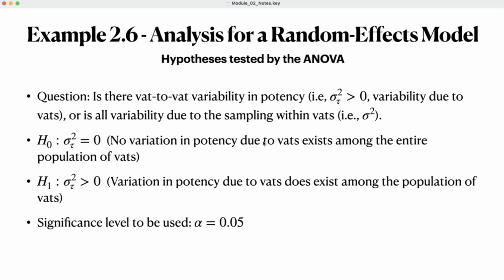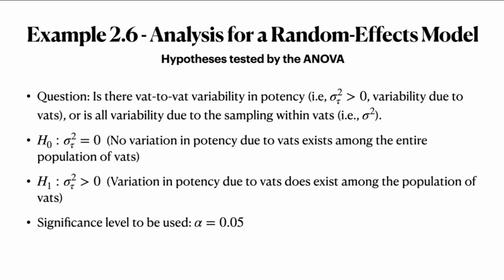So a null hypothesis then, in words, is that there is no variation in potency due to vats. No variation in potency due to vats exists among the entire population of vats. Expressed in terms of the model parameter, the null hypothesis is that sigma squared tau is 0.